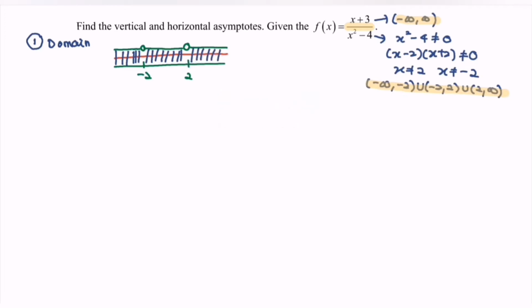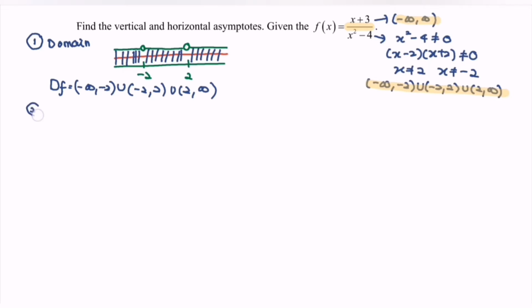So as a conclusion, the domain would be negative infinity until negative 2, union negative 2 until 2, union 2 until infinity, where negative 2 and 2 are not included.